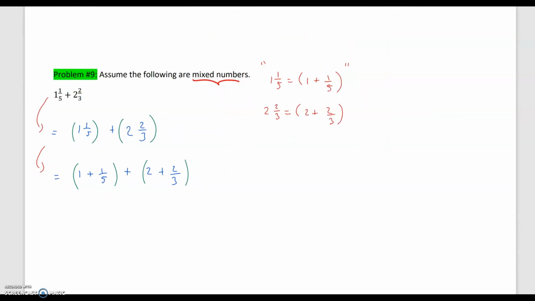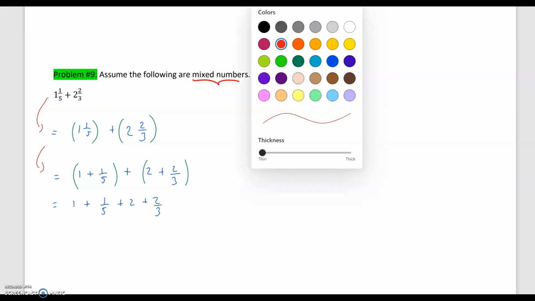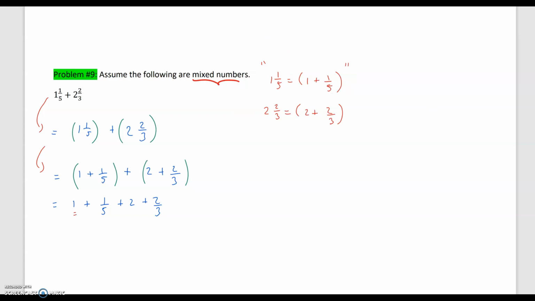So let me just rewrite them in this case. We're looking at this is equivalent to 1 plus 1/5 plus 2 plus 2/3. And then once you have them in this format, it's just easier to add the integers first. So as we combine the integers, we're looking at 1 plus 2, which is equal to 3, plus 1/5 plus 2/3.